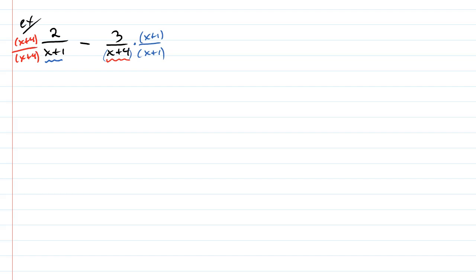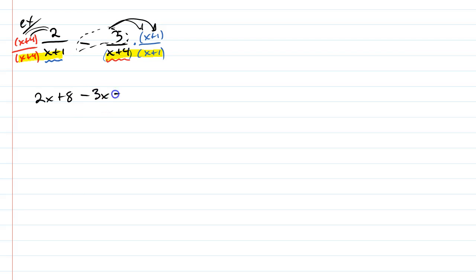Okay, now we have the same common denominator. Our denominator is these two things multiplied together. So on top here, I'm going to have 2 times x, 2 times 4, and I'll write that below here, 2x plus 8. Then I'll have, and this is where a lot of people make mistakes, we are subtracting, so think of it like a minus 3 times that times that.